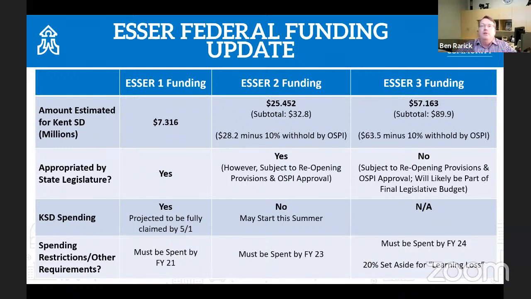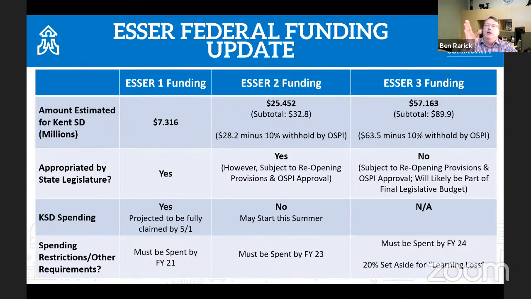And then spending restrictions, this is important. Technically, if we stagger the revenues strategically, we should be able to claim these dollars all the way out to fiscal year 24, which would be the 23-24 school year.